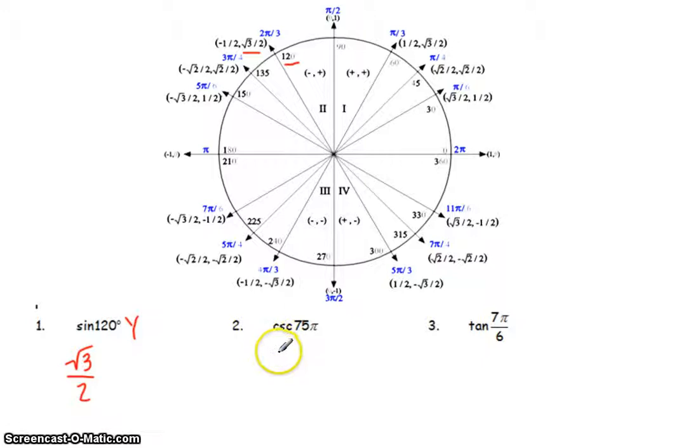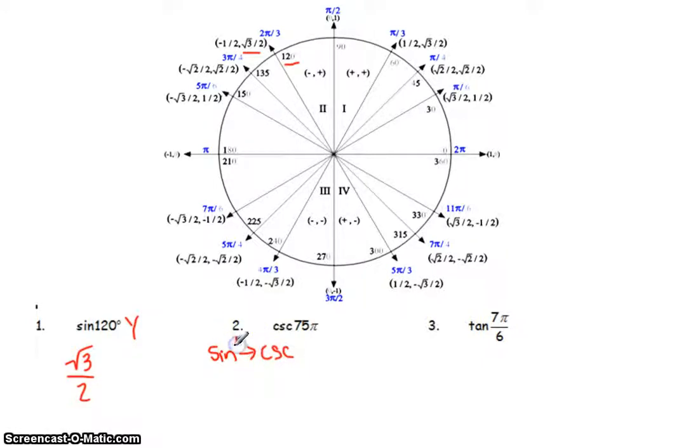Number 2, cosecant of 75 pi. Well, first of all, I know that cosecant is going to be a reciprocal of sine. So all I have to do is find sine, and then I'm going to flip it, and I'll get cosecant.